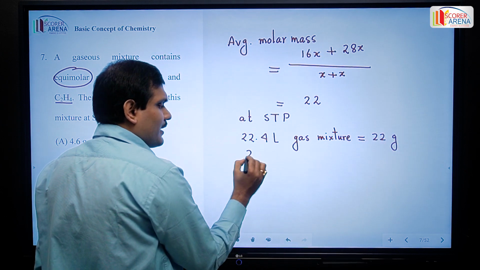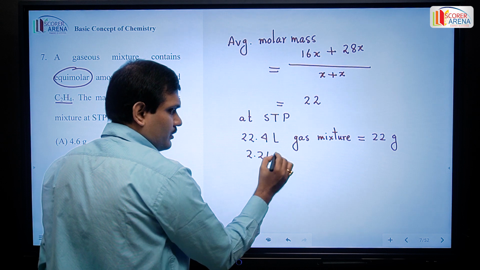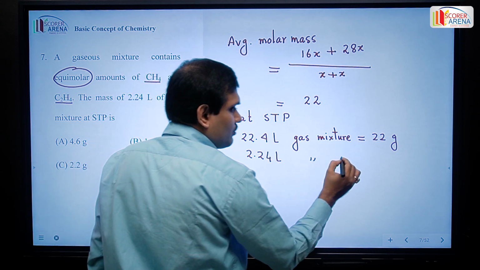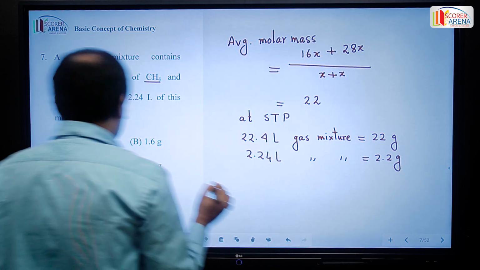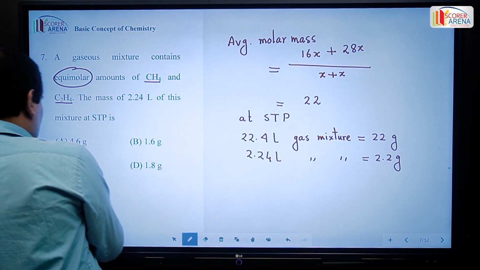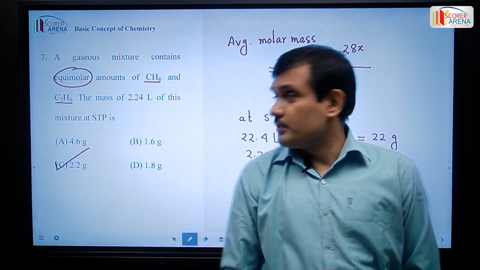So you can find out 2.24 liters will be equal to 2.2 grams. So the answer will be 2.2 grams.